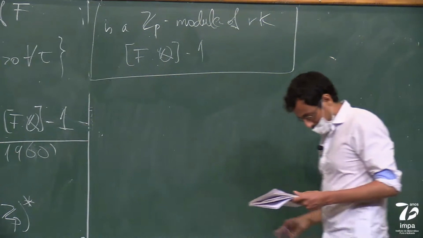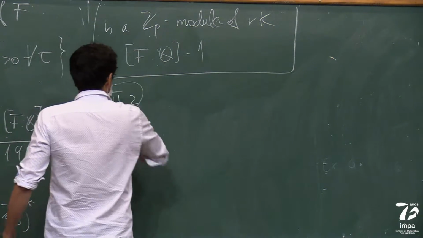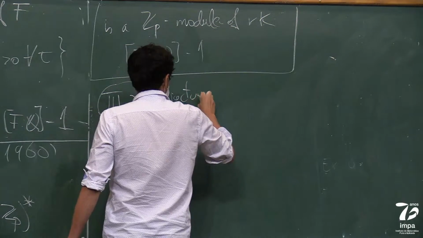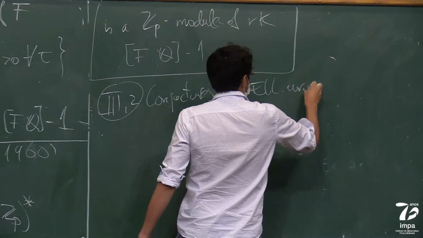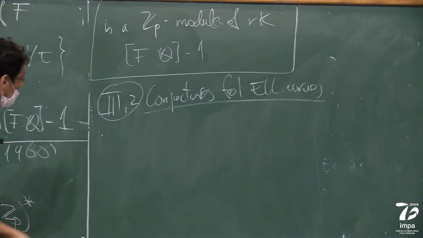On the side of elliptic curves, let's look at conjectures for elliptic curves. Okay, so we need to start by fixing an elliptic curve.